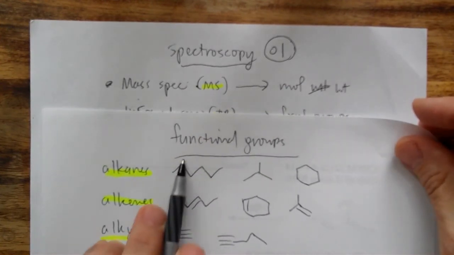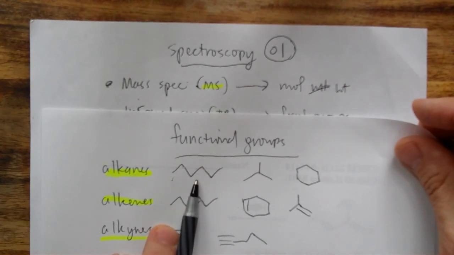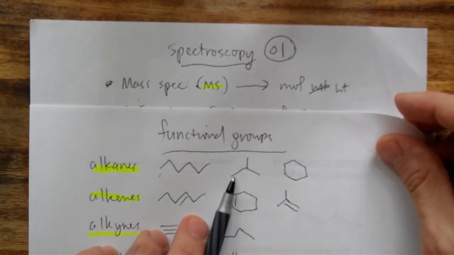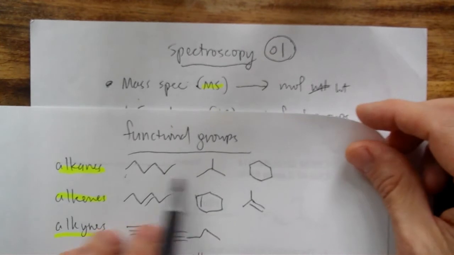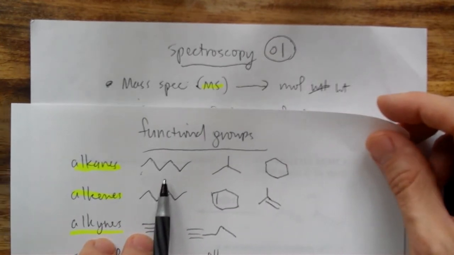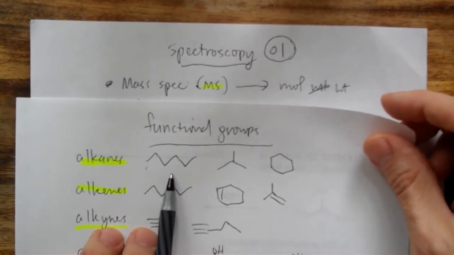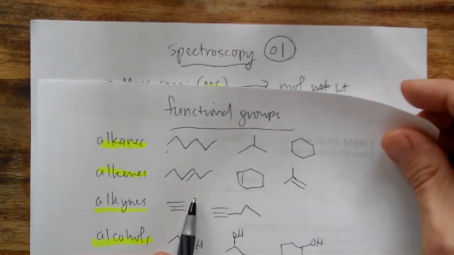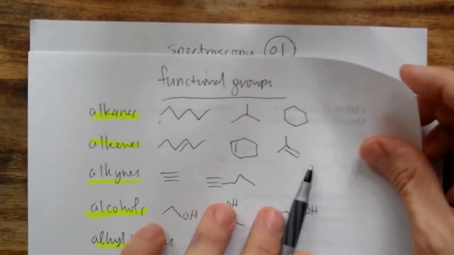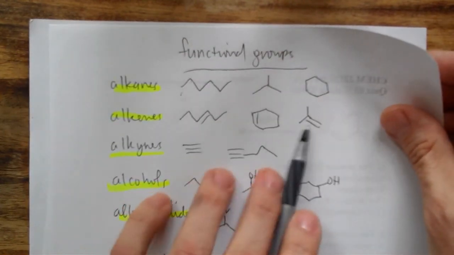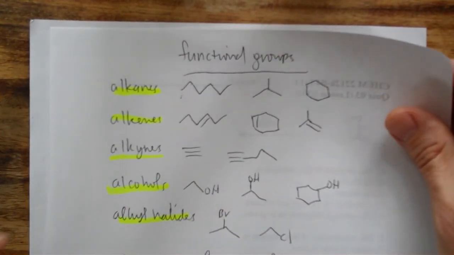For example, 1, 2, 3, 4, 5, 6. That's hexane. Or here's 2-methylpropane or cyclohexane, right? These all have exactly the same functional group, but different molecular weights and also different connectivities, right? So here's some examples of alkanes. Here's some examples of alkenes. Here's some examples of alkynes, and so on.